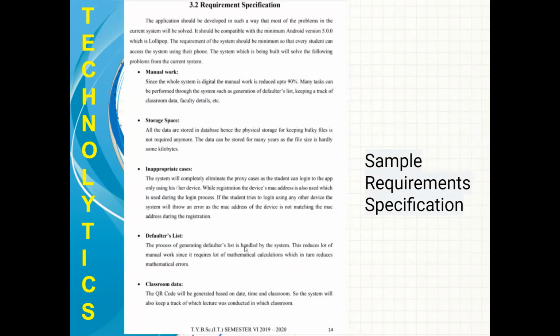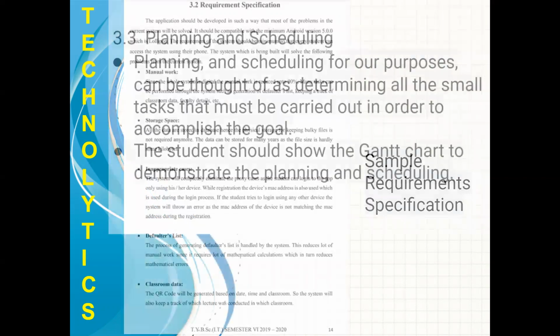Defaulter list easily, since it is computerized, so here the calculation work and everything will be done easily. Classroom data, everything is mentioned. The solution they have mentioned: the QR code will be generated based on date, time and classroom. So here everyone's data will be covered automatically. So this is what you have to specify under the topic 3.2, that is requirement specification.